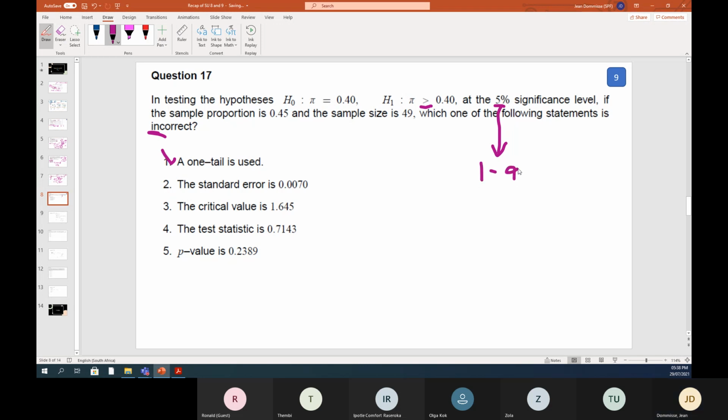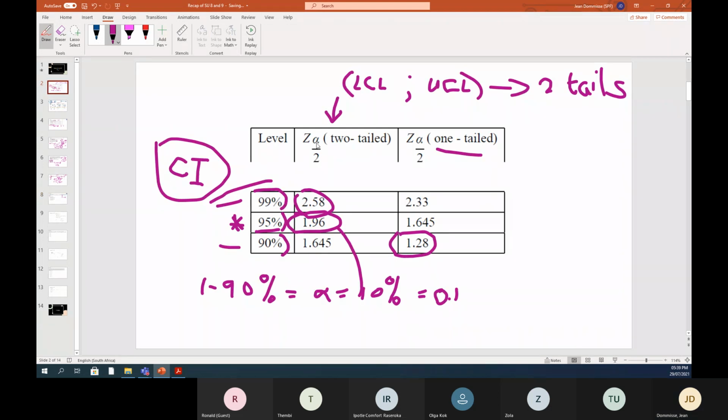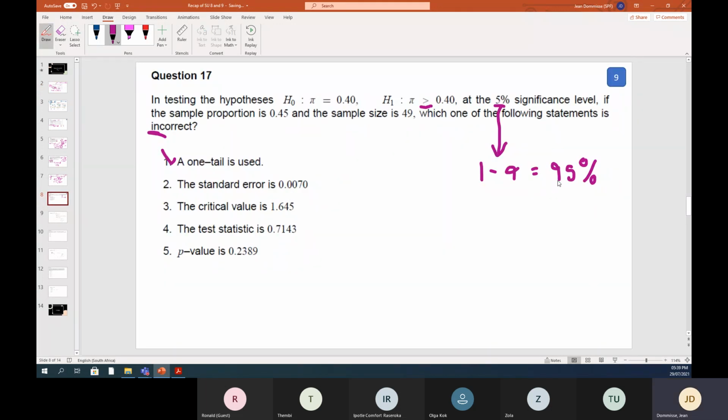So let's look at 5%, one tail. So 95%. Let's look at 95% one tail. Okay, so that is probably the incorrect answer.